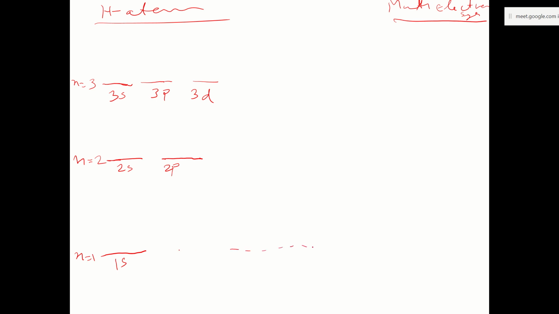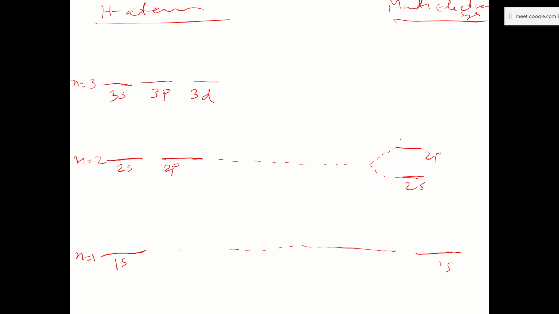So 1s remains here, it is just a simplification of the diagram, this will stay the same. 2s will change, so let me have a dotted line over here. So this is now my 2s, 2p.